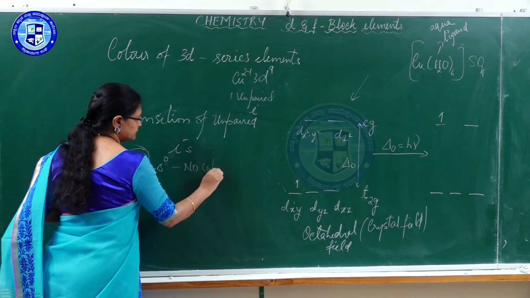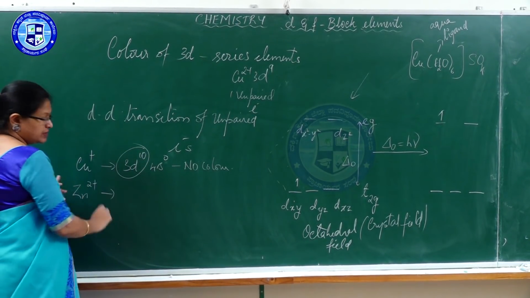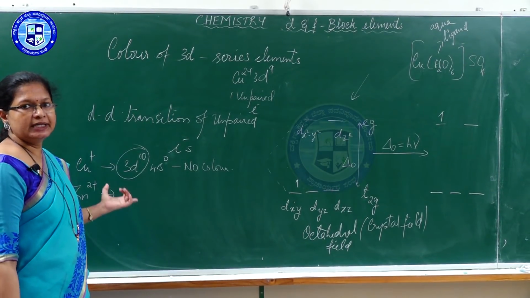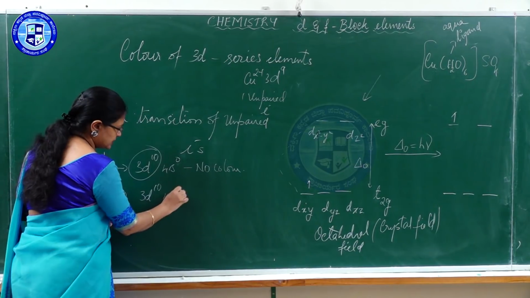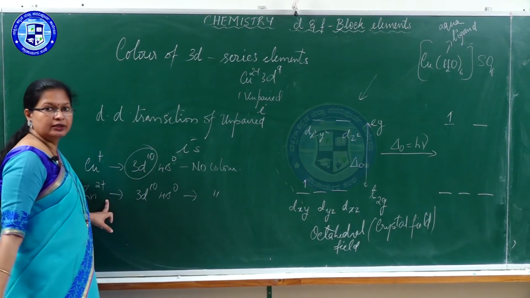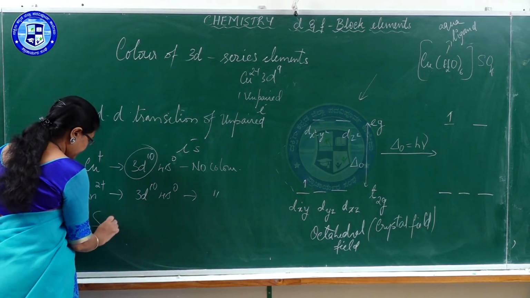In the beginning I said zinc 2+. The zinc 2+ salt solution can be zinc chloride, zinc sulfate. Configuration is 3d10, 4s0. Is it colored? No color because there is no unpaired electron. Scandium, scandium 3+.